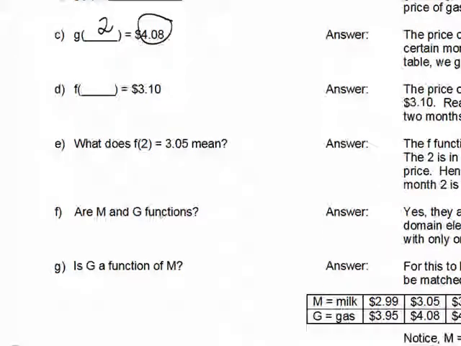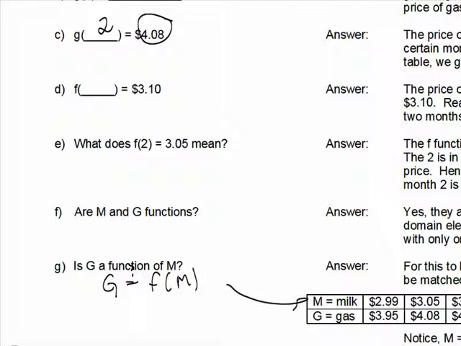Now, here's an interesting question. Is G a function of M? So in other words, is the relationship between gas and milk one that gives us a function? If I'm going to have G as a function of M, then notice the M is the input and the G is the output.